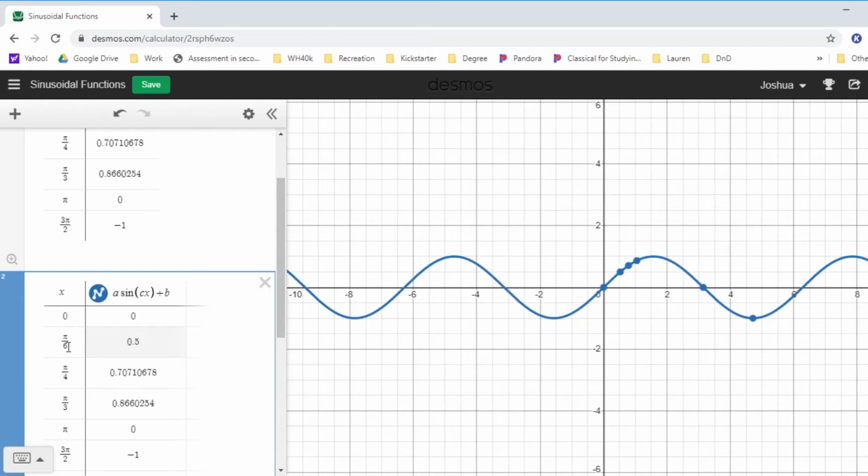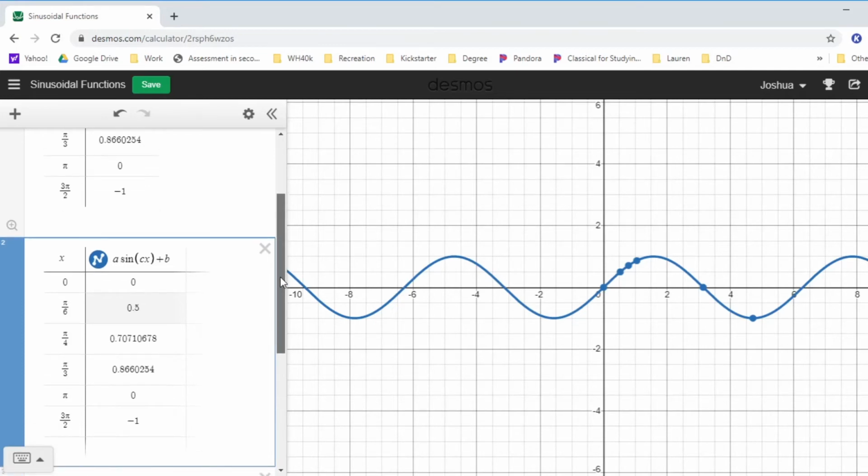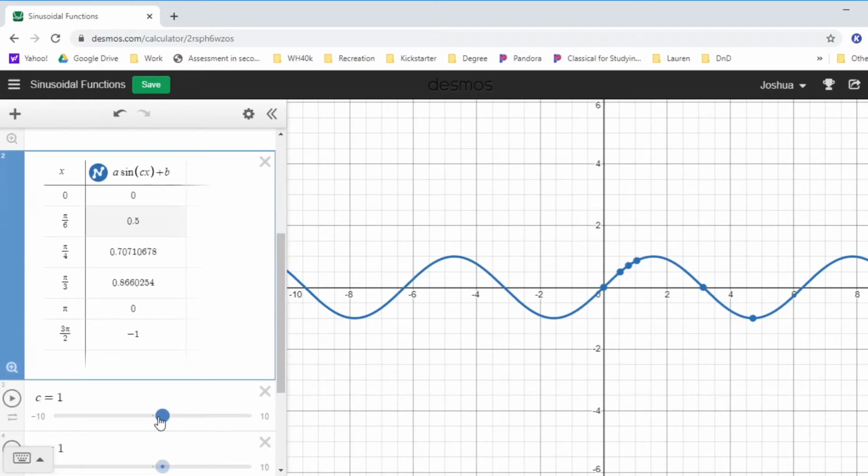So by inputting a 2, I'm actually increasing the speed through which the x values are producing the y values. So that is going to increase the speed, also known as the frequency of the graph, and it will decrease the period. Because it's faster, the period will shrink. It'll become shorter.